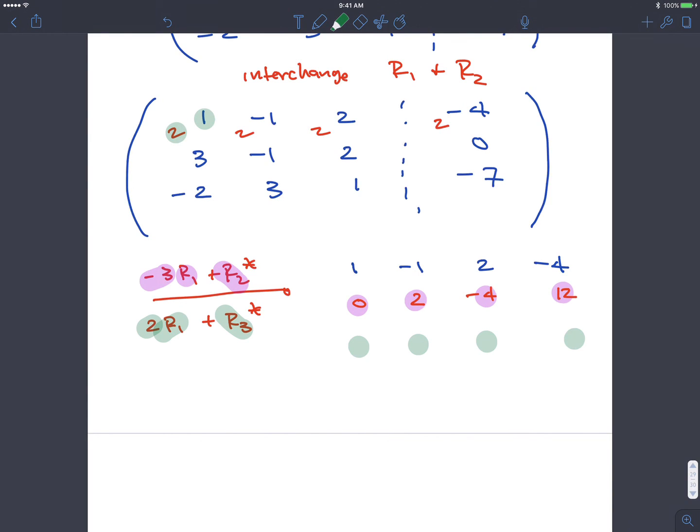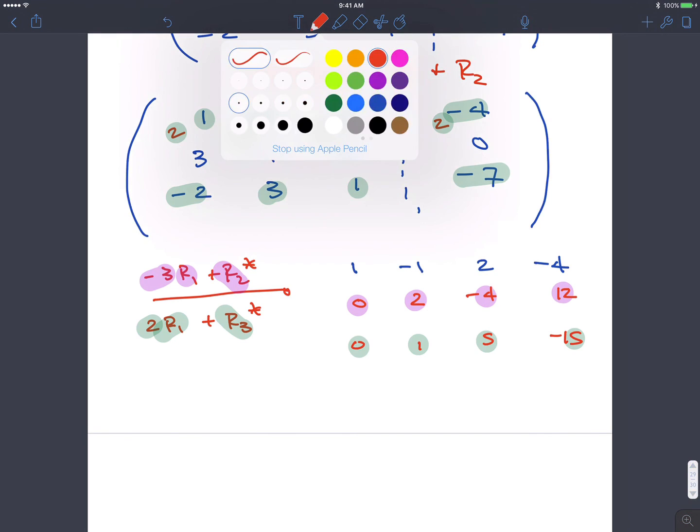Two times 1 is 2, plus a negative 2, 0. 2 times negative 1 is negative 2, plus 3, we get 1. 2 times 2 is 4, plus 1, we get a 5. 2 times negative 4 is negative 8. Negative 8 plus negative 7 is negative 15.